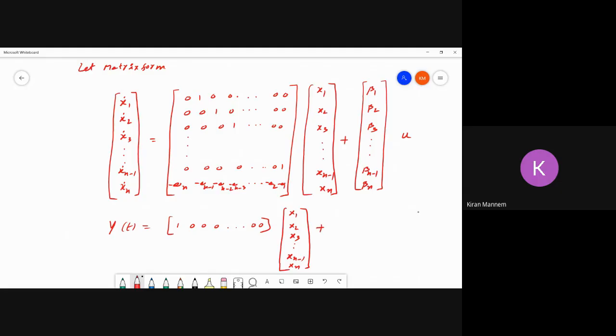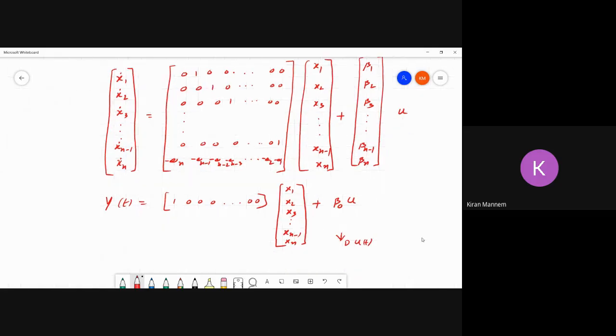Here you will get plus beta naught into u, right? Now you got the D matrix here. So this is your D matrix, right? D into u of t, and this is your C into x of t. This is your y of t.